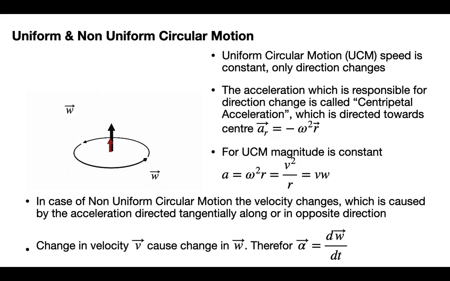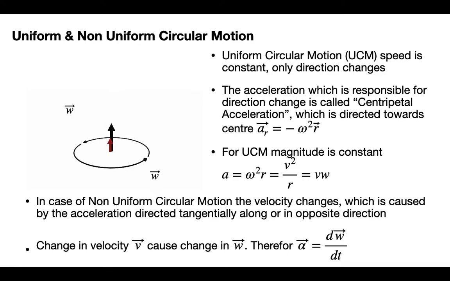In that, the rate of change of angular distance, which is the angular velocity, itself changes when we accelerate the car. And when we apply the brake, the exactly reverse phenomenon happens. So this is a typical example of non-uniform circular motion of the wheel.